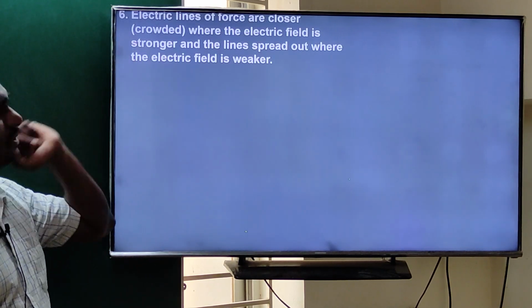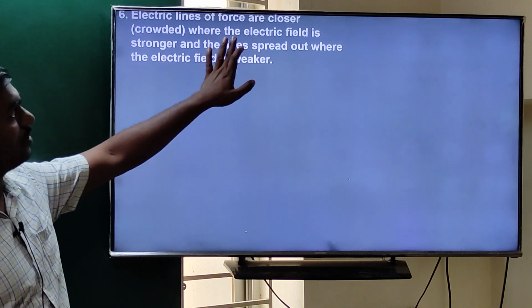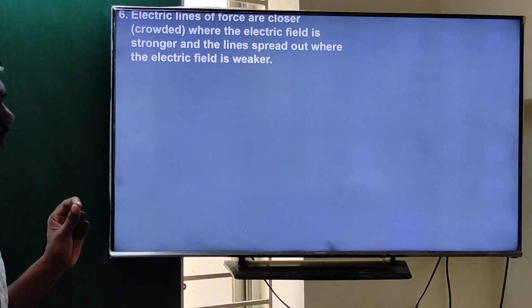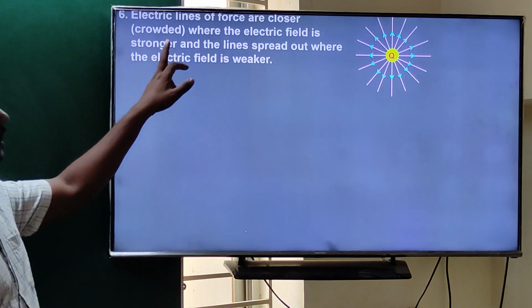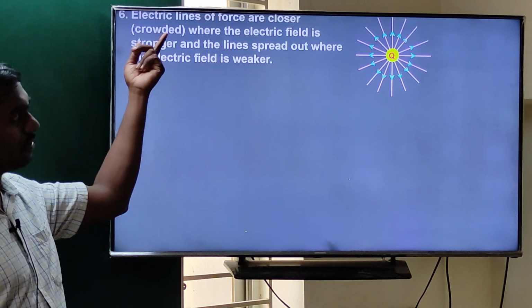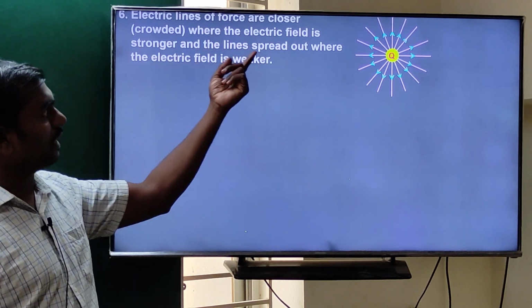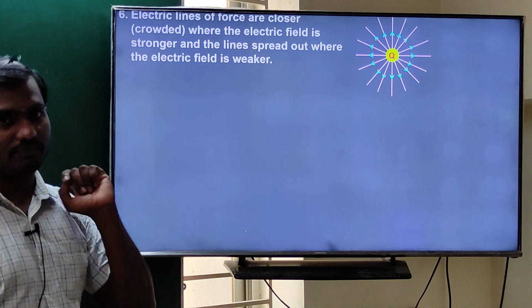Next, electric lines of force are closer. If we have the charges plus q and minus q, the lines appear crowded where the electric field is stronger, and the lines spread out where the electric field is weaker.